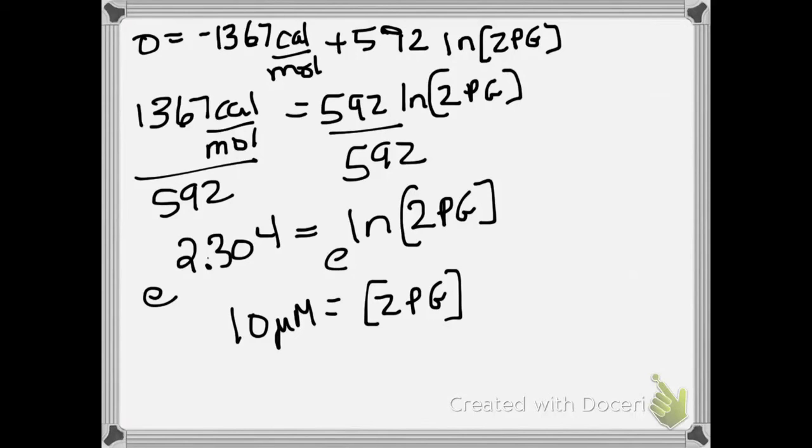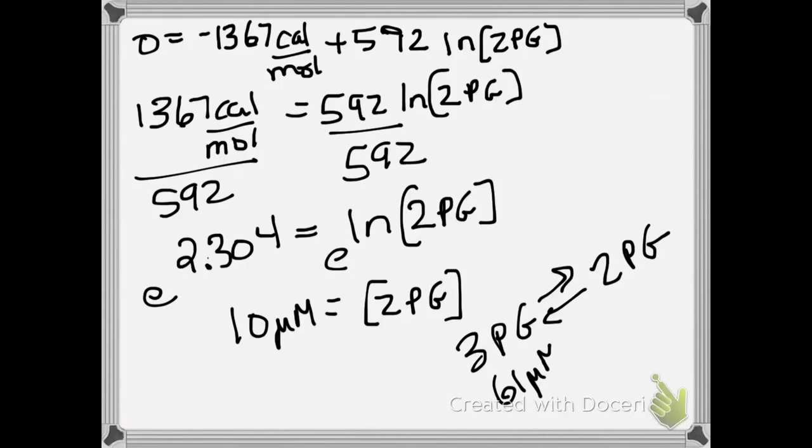All right, so what does all this mean? Well, remember, 3-phosphoglycerate goes to 2-phosphoglycerate. What we did was we asked if we were to clamp the concentration of 3-phosphoglycerate at 61 micromolar, at which point will the direction of reaction, so now we're thinking here, when will it want to go this way, and instead of in the forward direction.